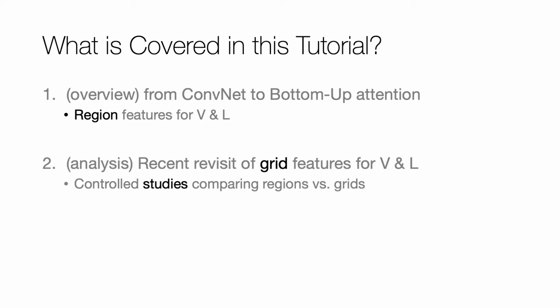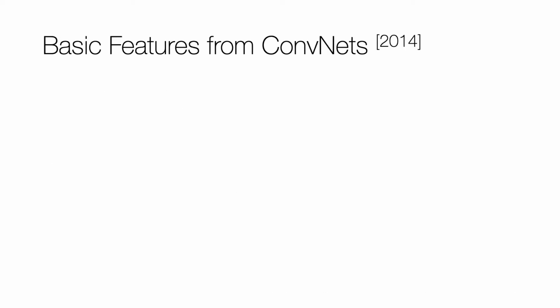Second, we will cover our recent revisit of directly using convolutional grid features for vision and language, where we conducted controlled studies to compare region features and grid features and share some insights. Note that we'll be using representations and features interchangeably in this tutorial. Let's dive into the first part.